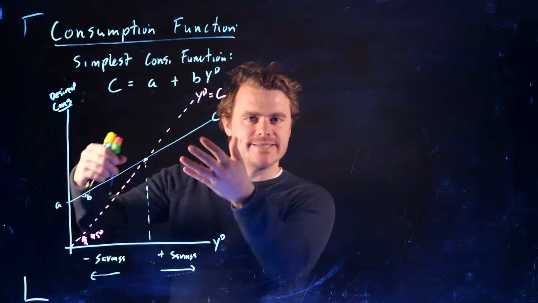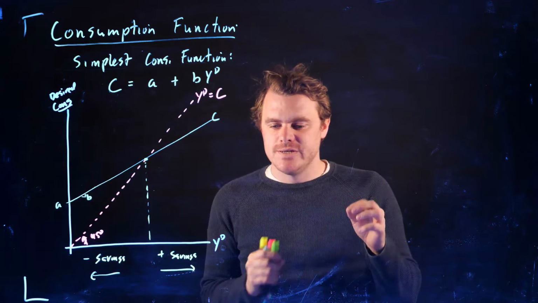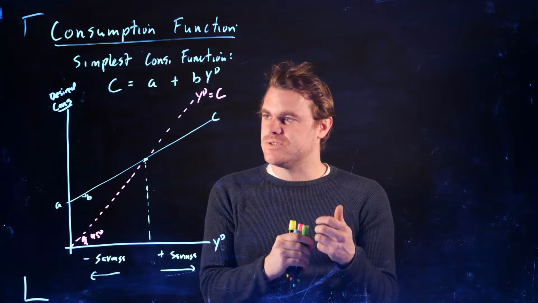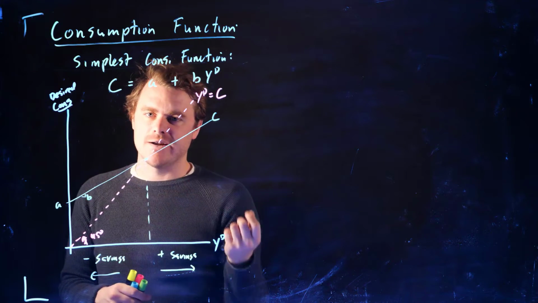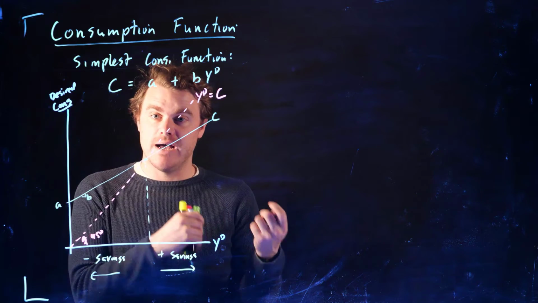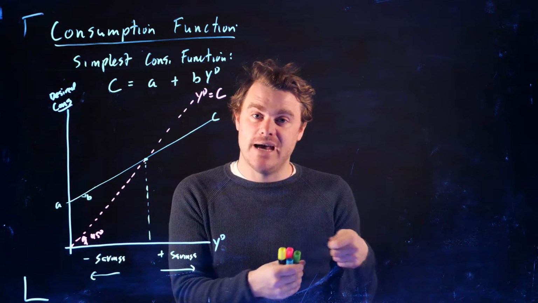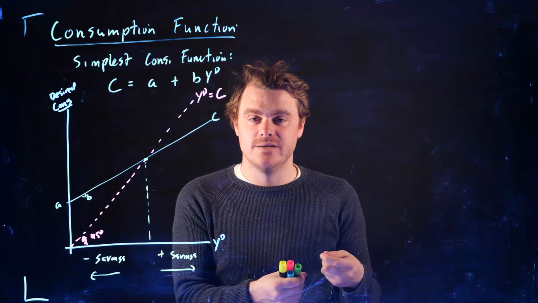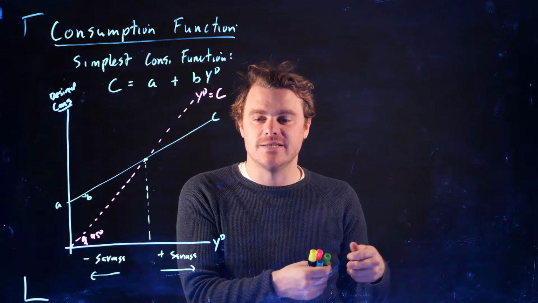So this is what the consumption function might look like. A is the intercept and B is the slope. So B is really telling you this relationship between disposable income and desired consumption. If disposable income goes up by $1, the slope is telling us how much of that dollar we want to spend on consumption.